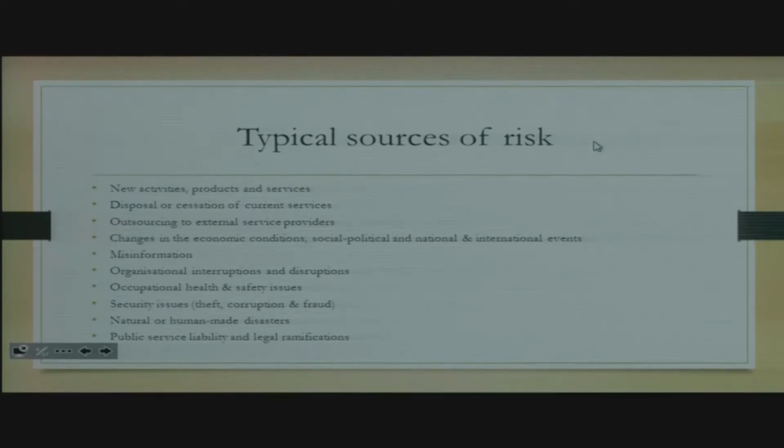Disposal or cessation of current services, outsourcing to external service providers. They're definitely possible risk sources, because once you outsource, they may not do the things the way you would have done them.